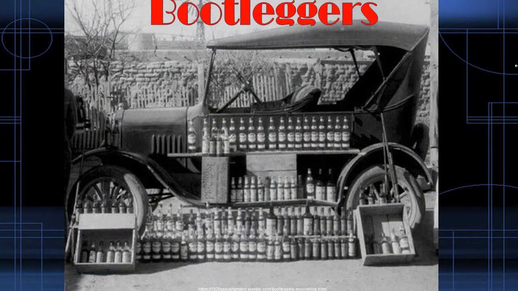The alcohol would be given to people known as bootleggers. A bootlegger was somebody who transported alcohol from one place to another. The word comes from if you hid it in your boot, like a flask or something that got hidden in the boot. Well, obviously, this isn't in anybody's boot. This car was bringing in these bottles of alcohol that had been made in somebody's still.